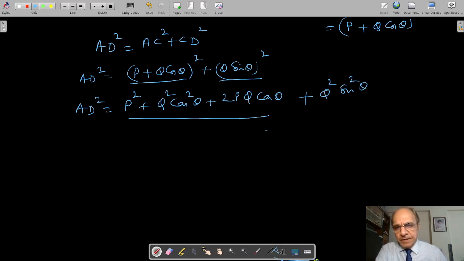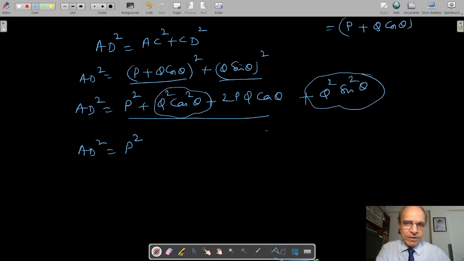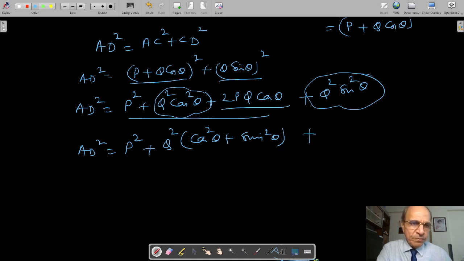Okay, therefore AD square would be equal to P square plus, now look at these two terms. One is Q square cos square theta and one is Q square sin square theta. So let us take Q square common from both of them. So this will be sin square theta plus cos square theta, plus the last term would be 2PQ cos theta.